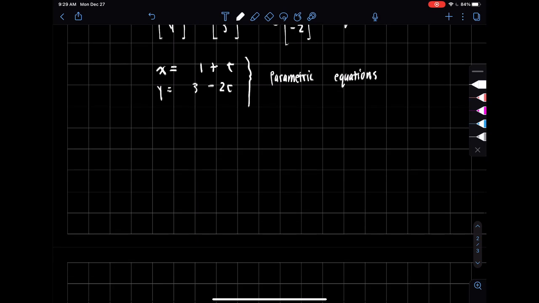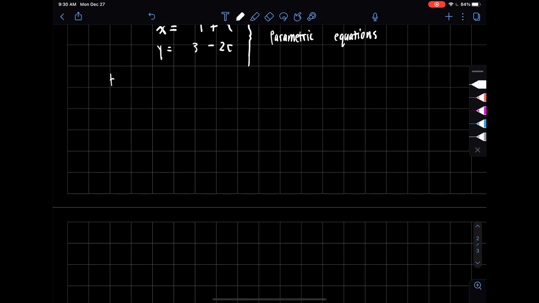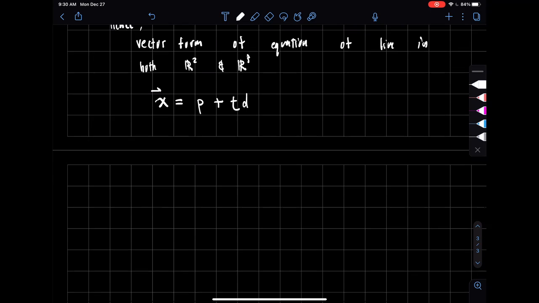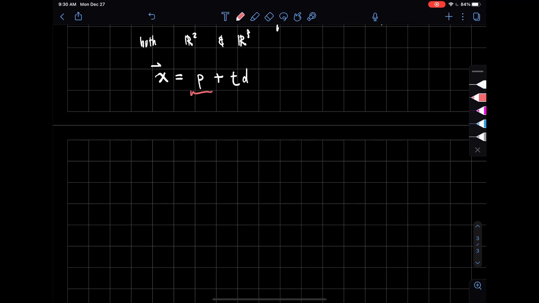So the vector form of the equation of a line in R2 and R3 is simply x equals p plus td, where p is a point on L and d, which does not equal 0, is the directional vector for the line.